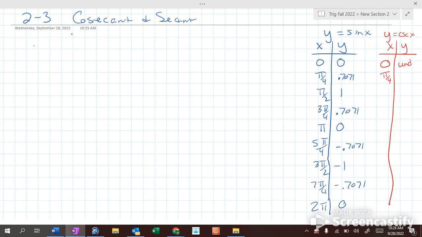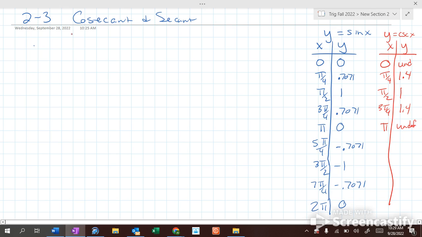Might be a little bigger than 1.2. 1.414. So let's just say 1.4. Okay. Pi over 2. What's the reciprocal of 1? 1. And then 3 pi over 4 is 1.4. Pi is back to undefined.